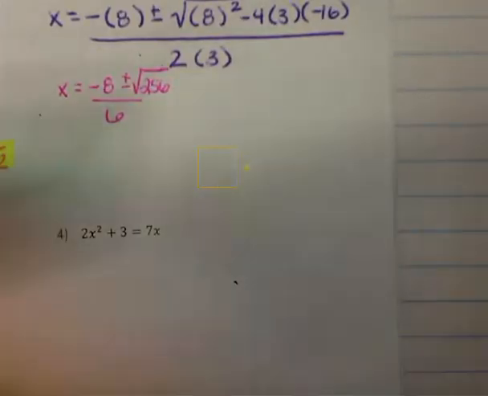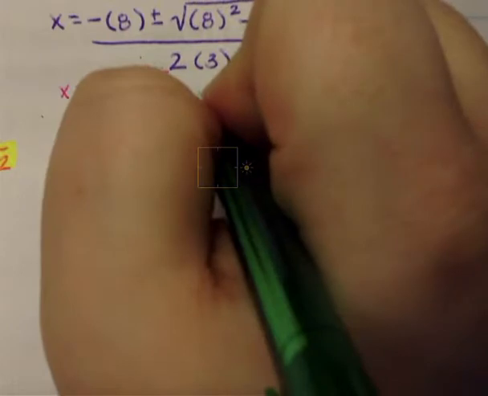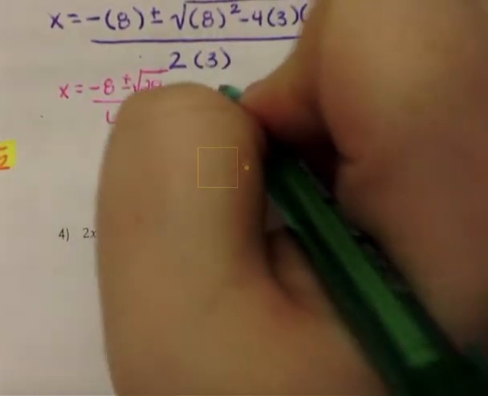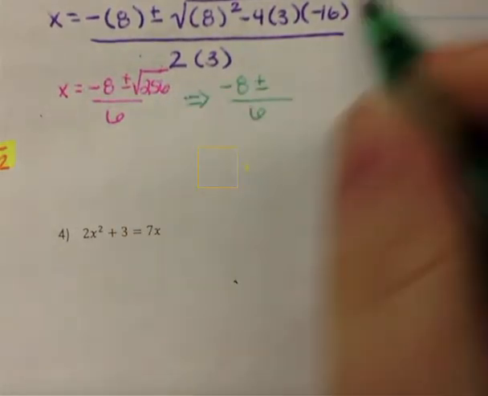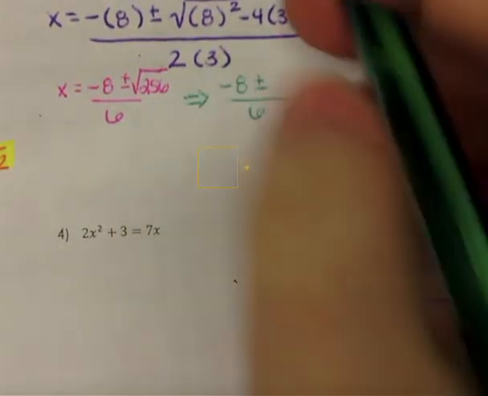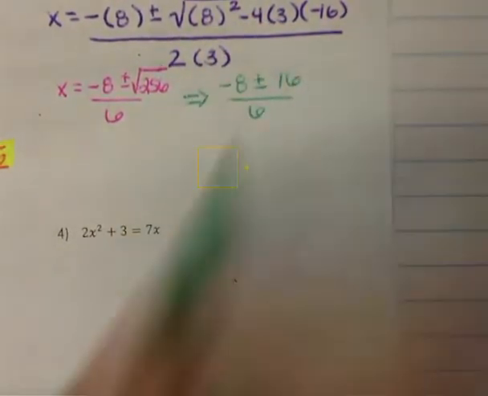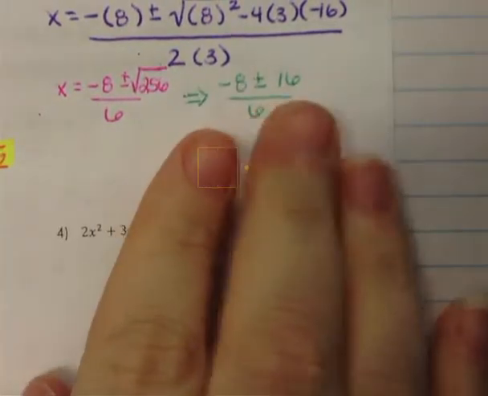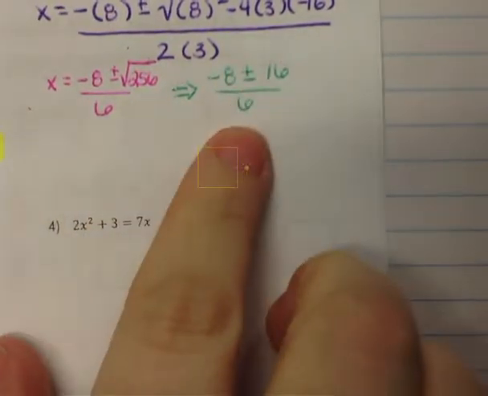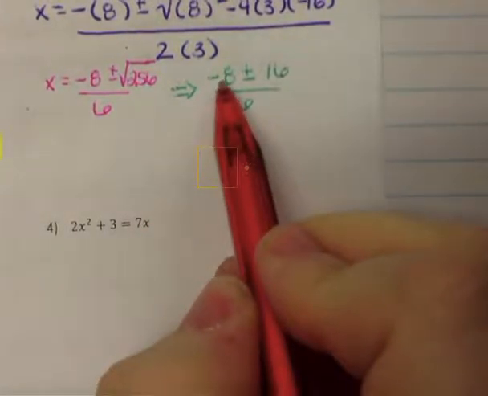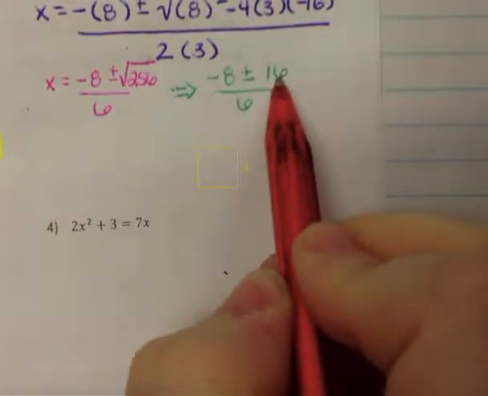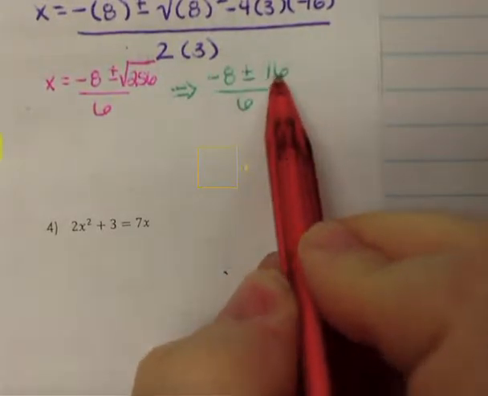So we're going to rewrite this. This will be negative 8 plus or minus, still all over 6, the square root of 256, which was 16. So we have just all numbers. That means we need to simplify this completely. We're going to have two separated answers. So we have negative 8 plus 16 is a positive 8, divided by 6.